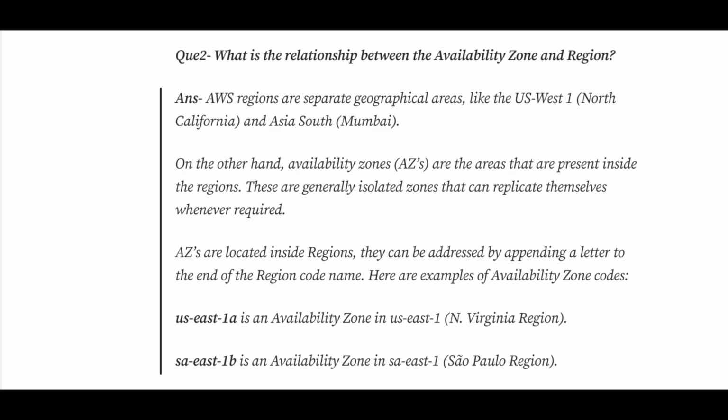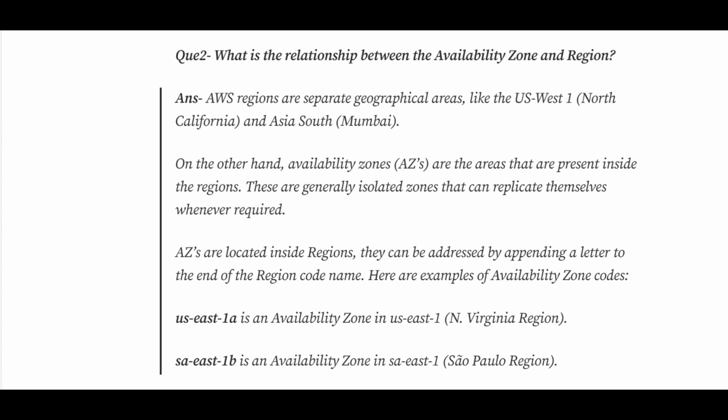Question number 2. What is the relationship between availability zone and region? In AWS, regions are separate geographical areas like US West 1, North California, and Asia South, which is Mumbai. On the other hand, AZs or availability zones are the areas that are present inside the region. These are generally isolated zones that can replicate themselves whenever required.